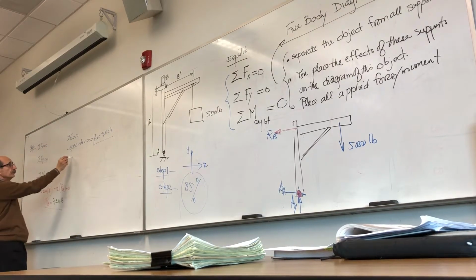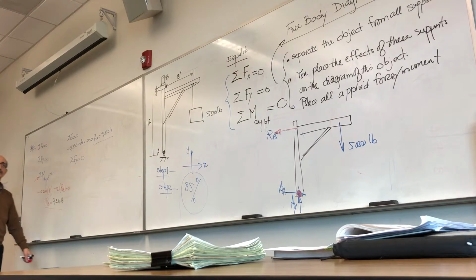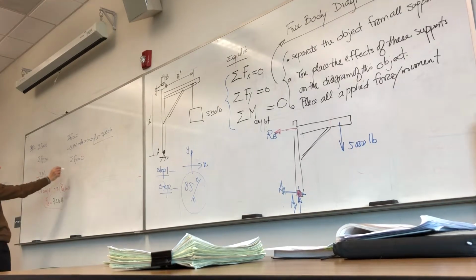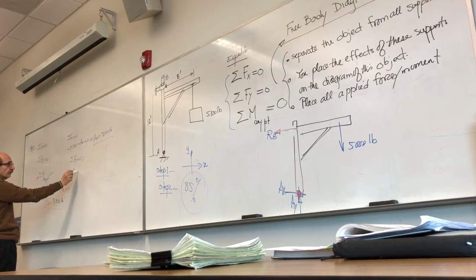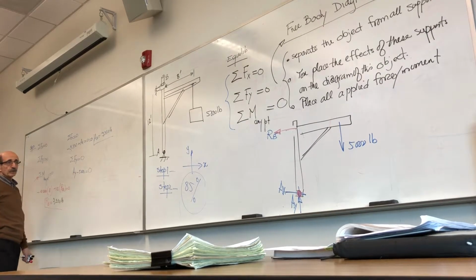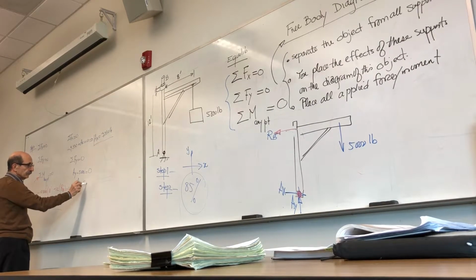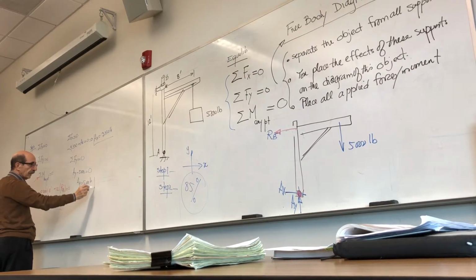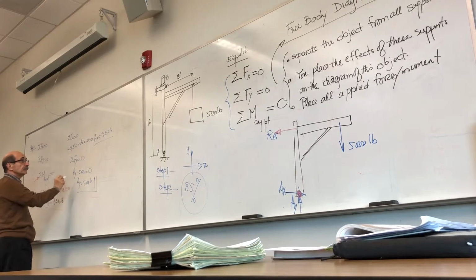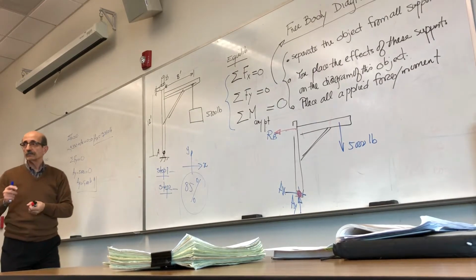And then summation of forces along Y is equal to 0. So you have AY minus 5,000 is equal to 0. So AY would be 5,000 pounds acting in this direction. And that's it. So as you see, the last step is really the easiest. The most important step is free body diagram. Any questions?